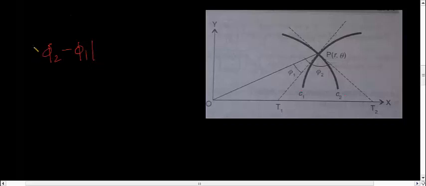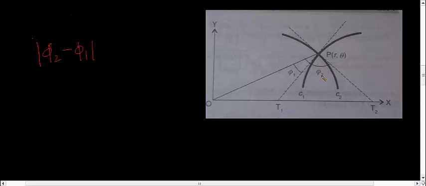So we can write this as mod of phi 2 minus phi 1. That is the angle between two curves C1 and C2. When they ask you to find out the angle between two curves, it is actually the angle between the tangents drawn for these two curves C1 and C2.